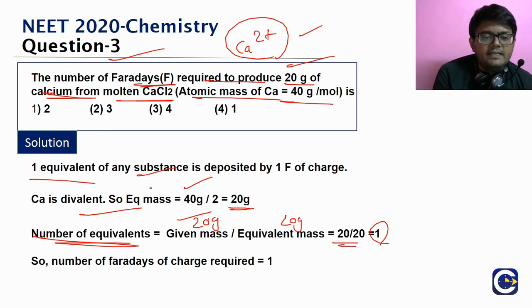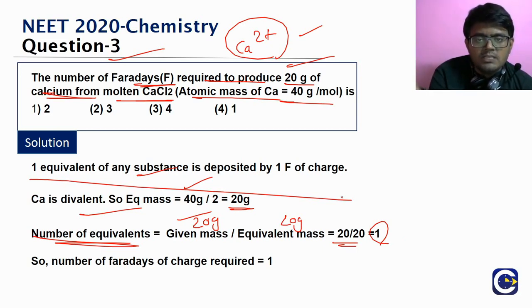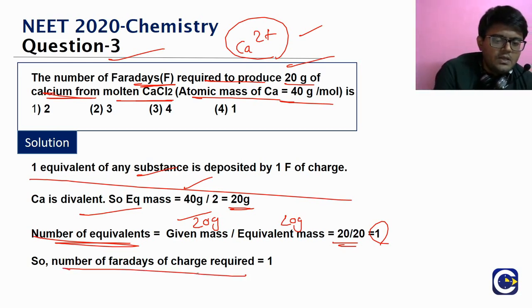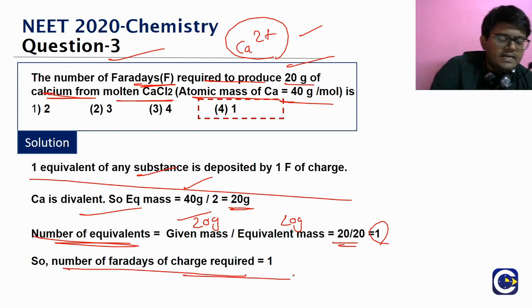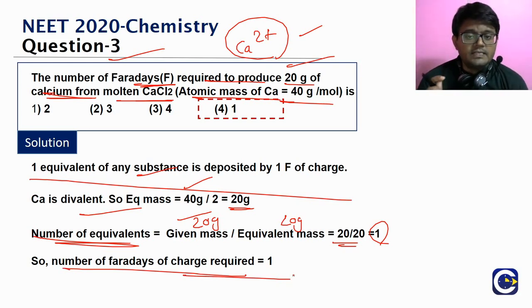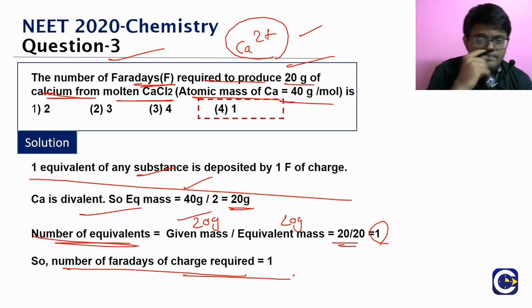Already we said the significance of the equivalent: 1 equivalent of a substance will require 1 Faraday of charge. Here 20 grams means 1 equivalent. So how much charge are we going to require? Just 1 Faraday charge. So the answer for this is option 4. We will be requiring just 1 Faraday charge.